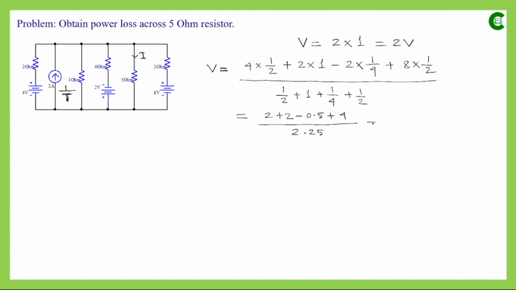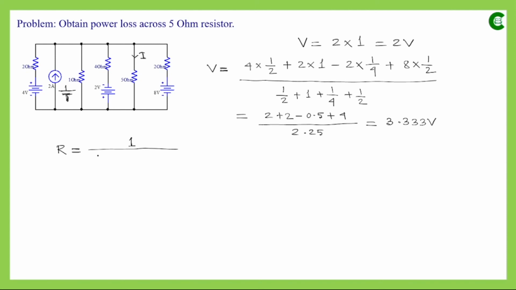If we simplify further, it will come as 7.5 divided by 2.25, so it will be 3.333 volt. Next we have to find out the resistance of the equivalent resistor, and that will be the reciprocal of the summation of all the conductances.